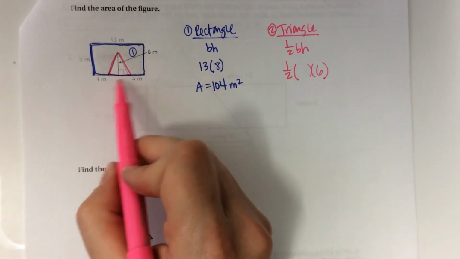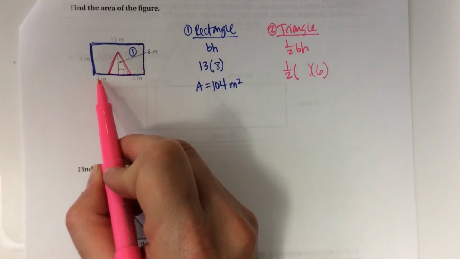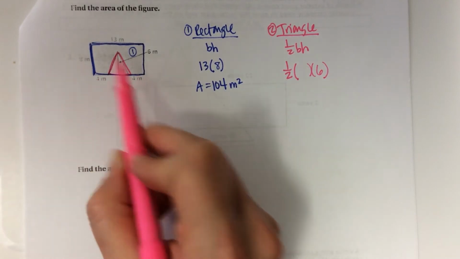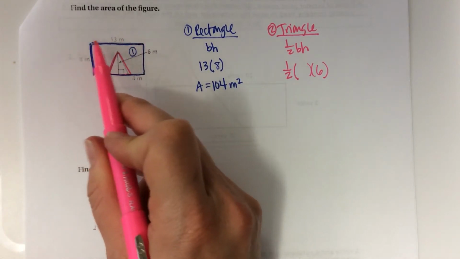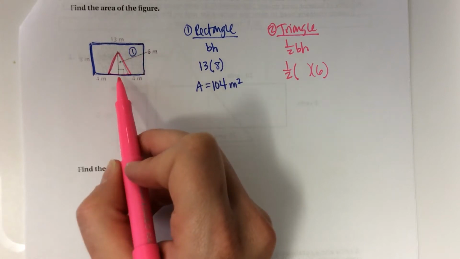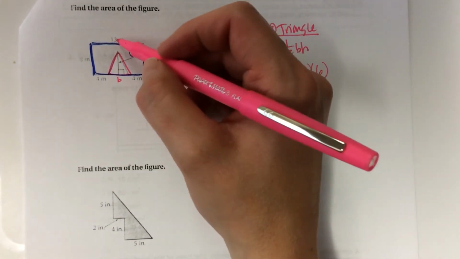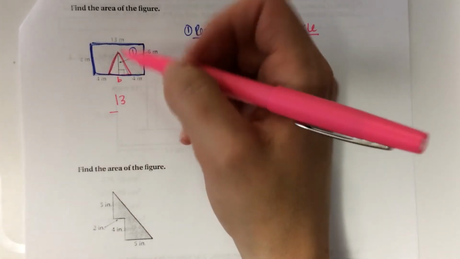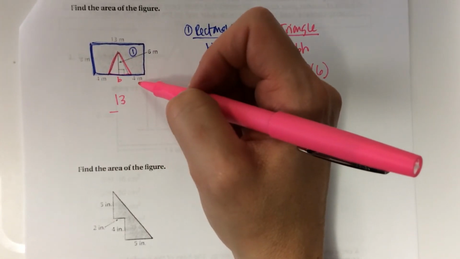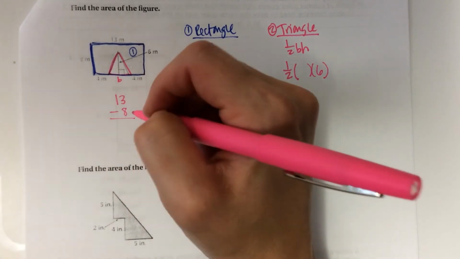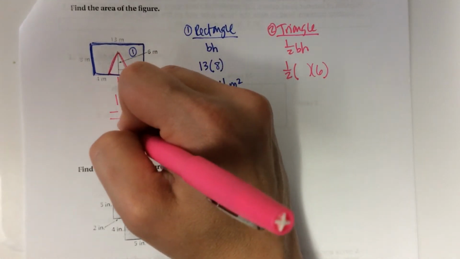But then my base is a little bit tricky. It says that this piece is 4 and this piece is 4, but I know that all the way across is 13. So can we find this? I need this piece that's missing. Sure, we can take 13 and we can take out the 2 pieces it gave me. So 4 and 4 would be 8. So that leaves us 5.